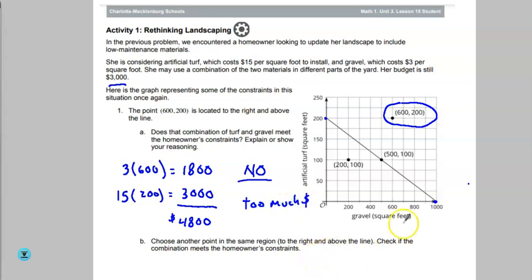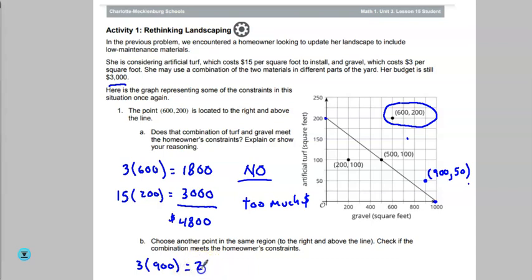Right? So if we take another point, let's try right here, 950. That one's above the line. And again, if you did this yourself, you might have used a different pair, but as long as you're above the line up here, try those. So this is 950. Would that work? So $3 per square foot for the 900 square feet of gravel.